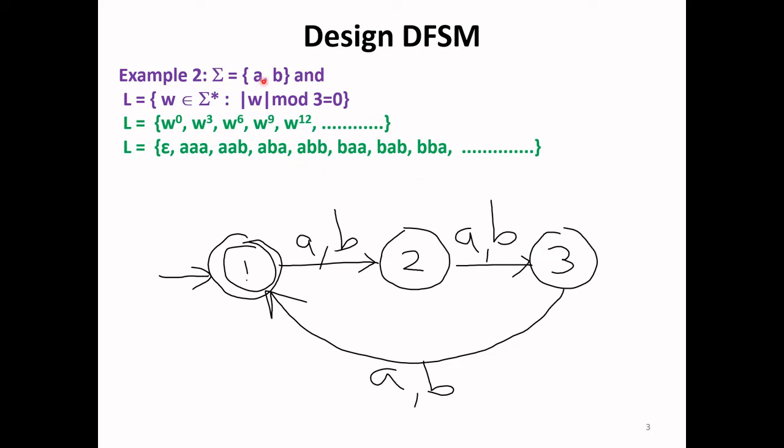In the previous one we had a single a. Here we have a or b: one symbol rejected, second symbol rejected, third reaches the final state. Fourth symbol not accepted, fifth symbol not accepted. Coming to the sixth one, it reaches the final state. And this is the DFSM designed for the language containing all possible strings of a's and b's whose length mod 3 is equal to 0.